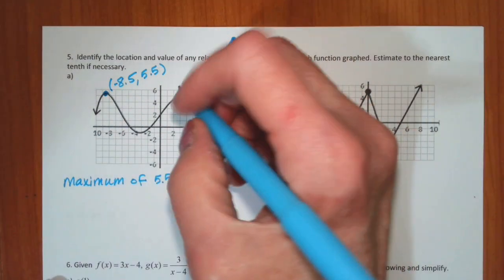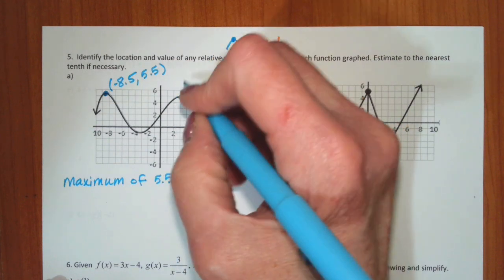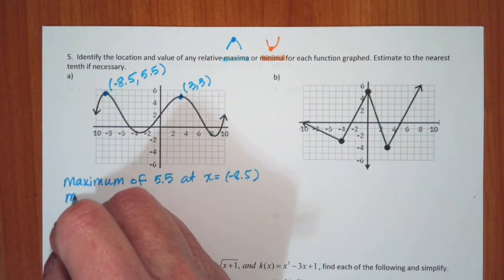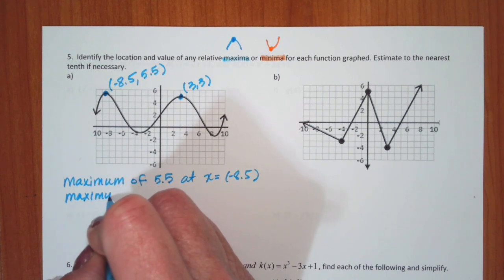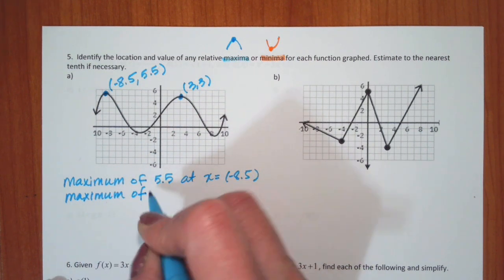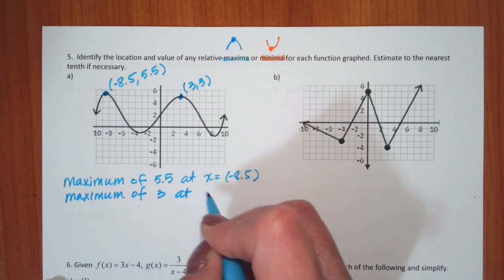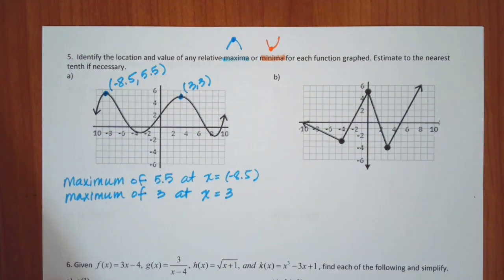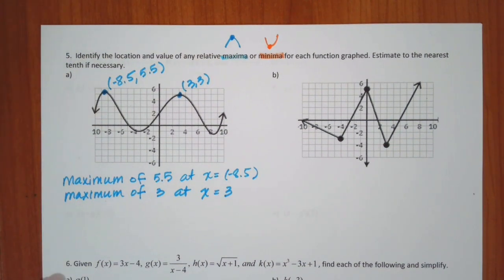Well, let's see if there are any other maxima. So I've got one right here. That is the point 3, 3. So we have another maximum of 3 at x equals 3. So those are the tops of the hills.